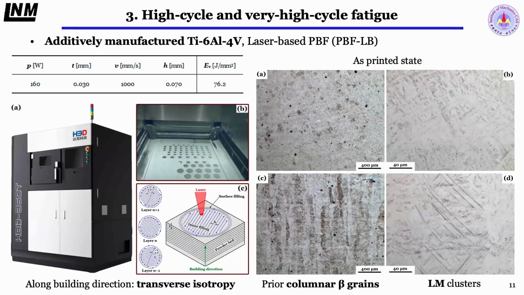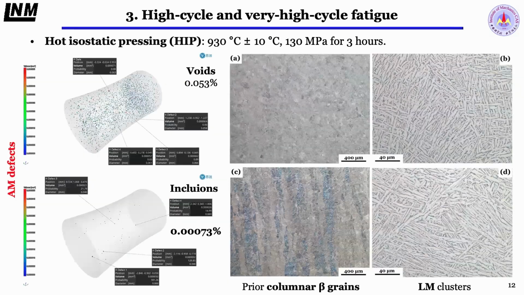The additively manufactured result is like this. It also shows the columnar beta grains, and after HIP treatment the voids disappeared and only several inclusions remain, and the microstructure is also only laminar.